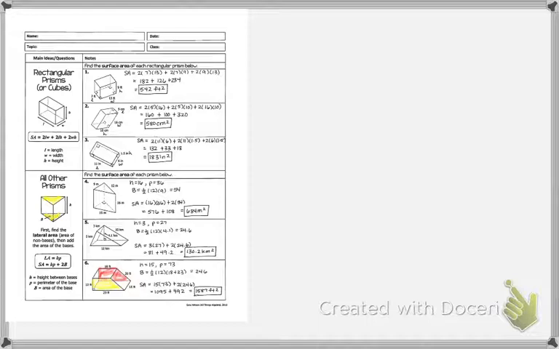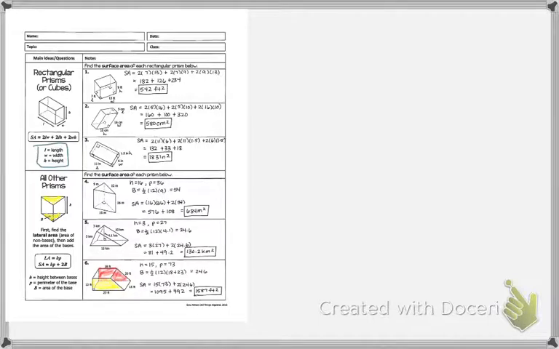So now that we have these two, and I'll turn the page in a minute. Notice each one comes with its own equation. A rectangular prism or cube requires a length, a width, and a height. If any of those are missing, you're going to have to find them.